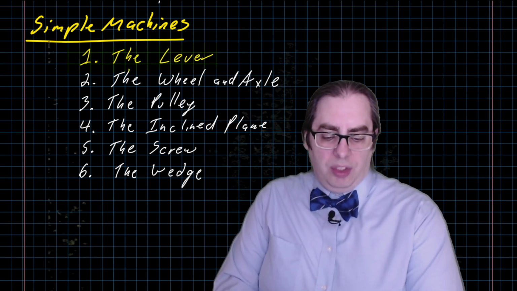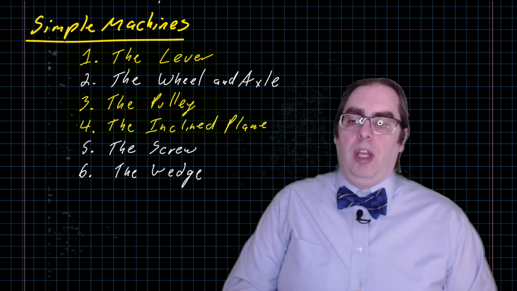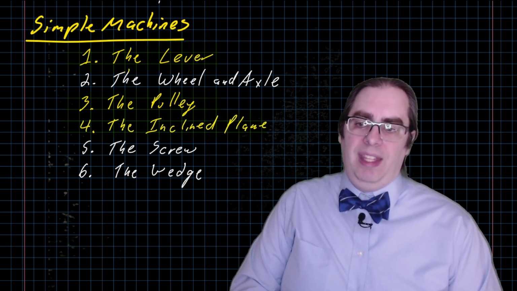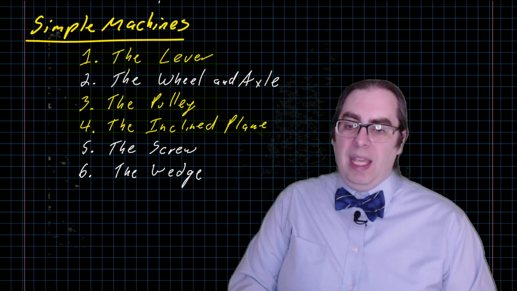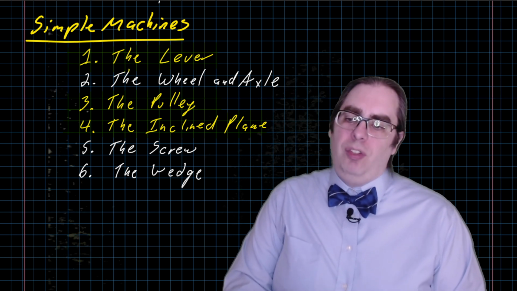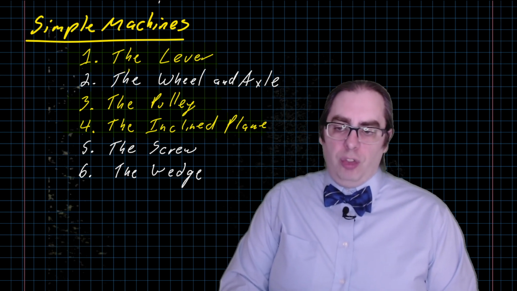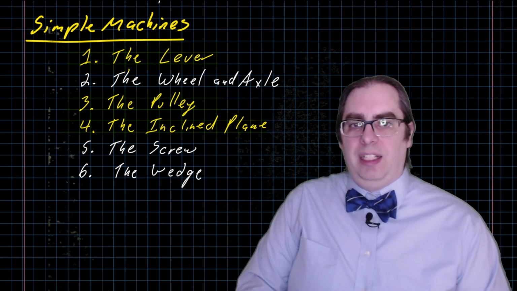I'm going to actually simplify this list a little bit further. We're going to, in this video, look at the lever, the pulley, and the inclined plane. If you squint and tilt your head a little bit, you can actually convince yourself that the wheel and axle, the screw, and the wedge are each special cases of the inclined plane.